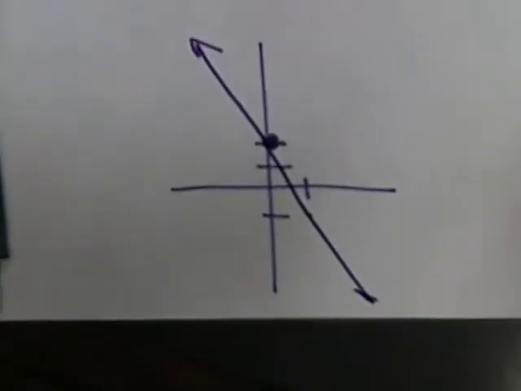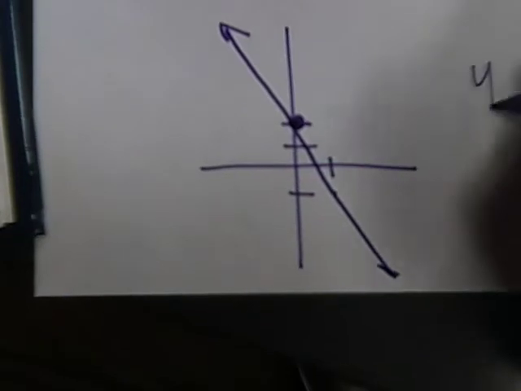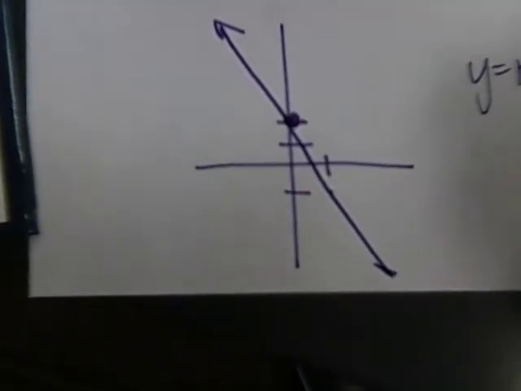Now, let's do that other one, part B, as well. Let me draw it right quick. Okay? Remember, when I look at this graph, I'm asking myself, which I made the dot pretty big, so I hope you can see it, where did it cross the y-axis?